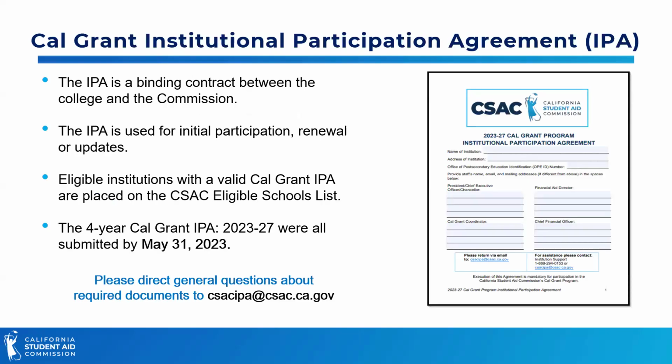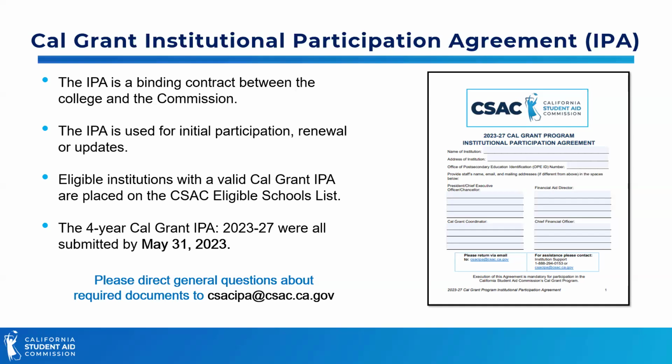Now, all schools must submit a Cal Grant Institutional Participation Agreement, or an IPA. This is for schools who are brand new to Cal Grant or for schools who want to continue administering Cal Grant. Now, the IPA, it's a binding contract between the school and the commission.